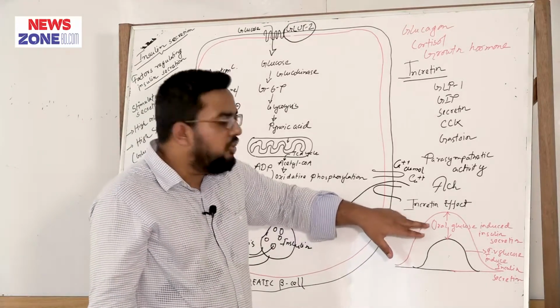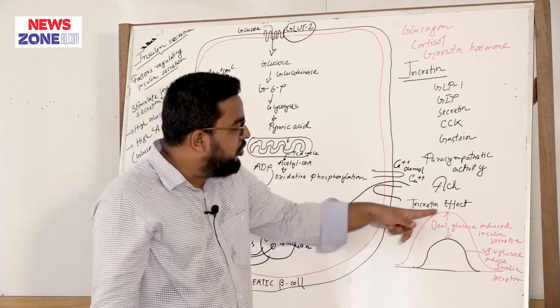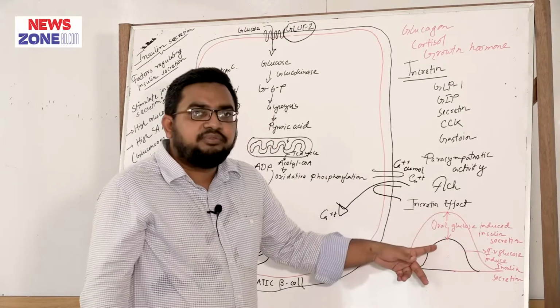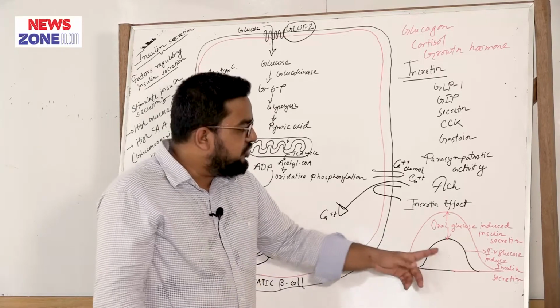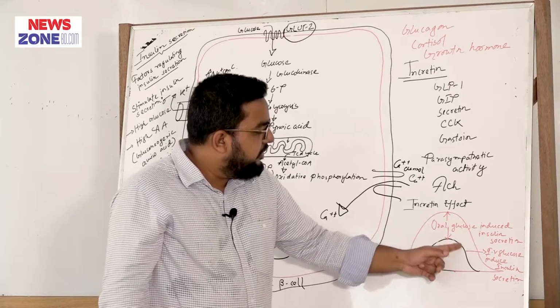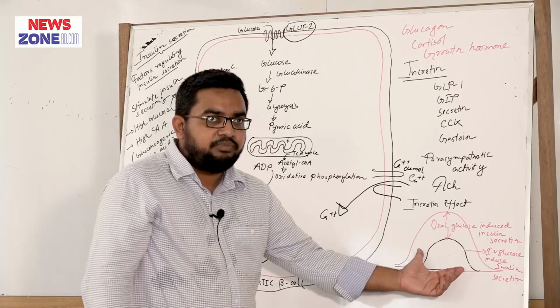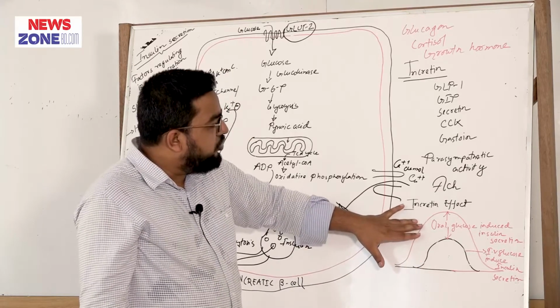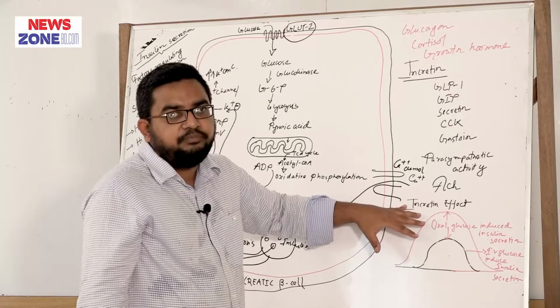When we take oral glucose, the insulin secretion is much more. If we take the same amount of glucose intravenously, less insulin will be secreted. So oral glucose induced insulin secretion is the incretin effect.